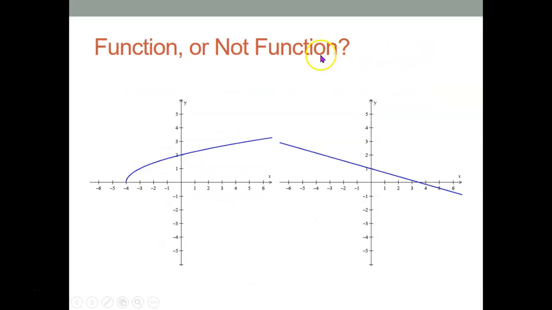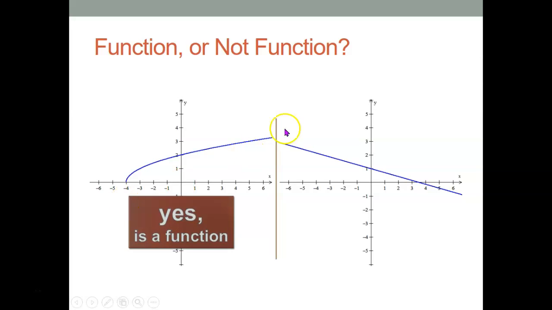Let's look at some other examples. We have to decide function or not a function. So with this graph, any vertical line, no matter where you draw it, is never going to intersect the graph at more than one point. So yes, this is a function. What about this one? Does this pass the vertical line test?